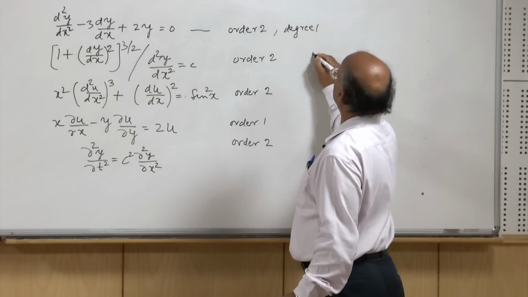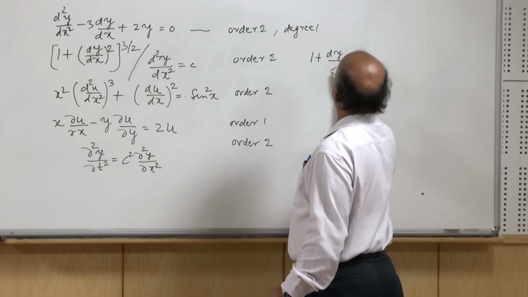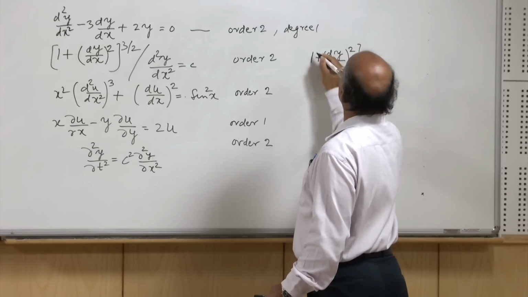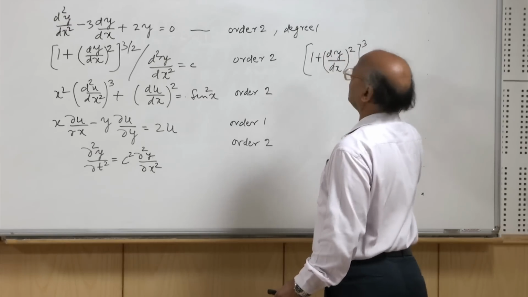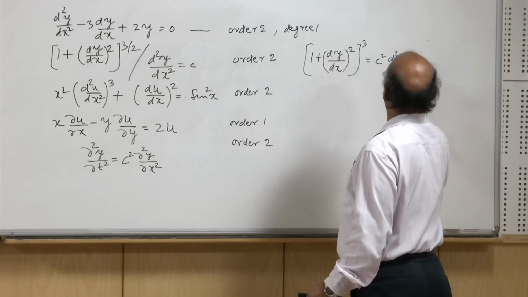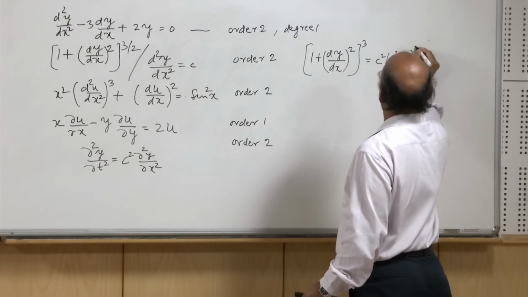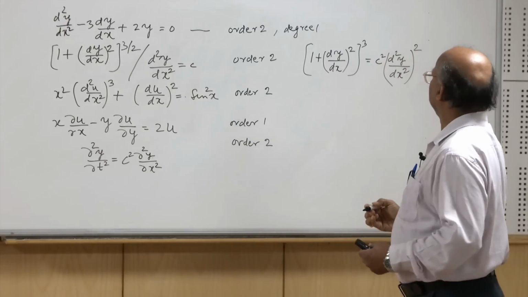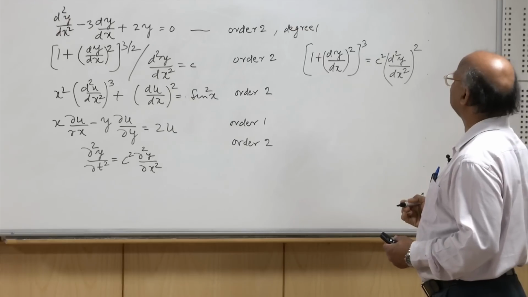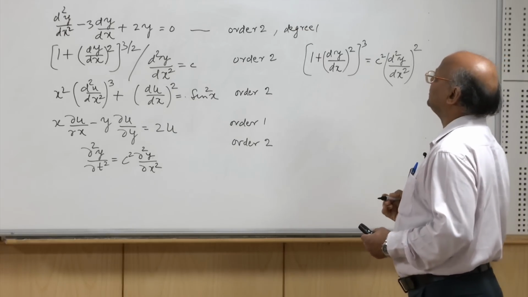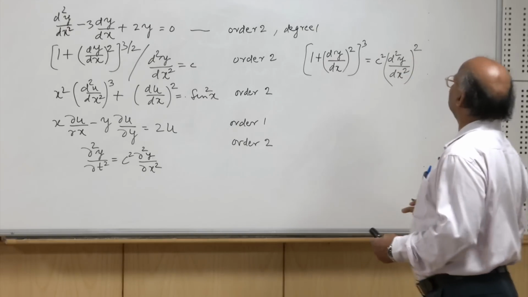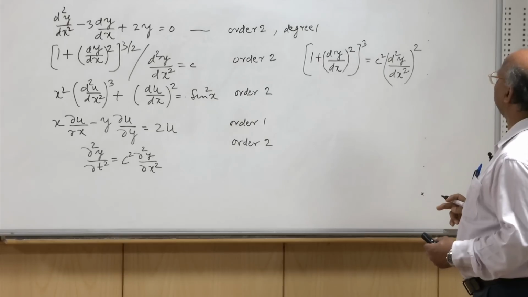To find the degree of this differential equation, we have to first make it free from radicals and fractions. So, what we do is we write it as follows. Now this equation is an ordinary differential equation that is free from fractions and radicals, and we see that the power of the highest order derivative, that is d square y by dx square, is 2.